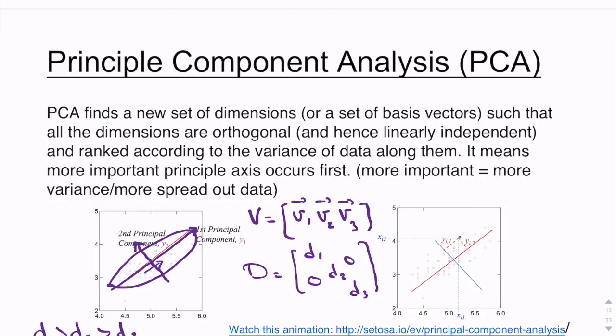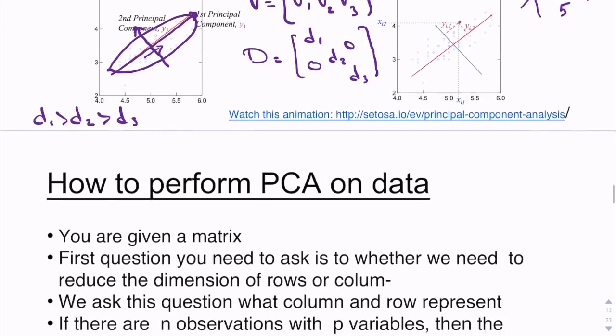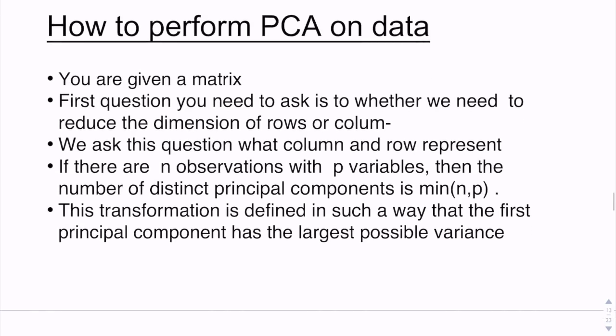So now we show how to perform principal component analysis in order to reduce the dimension. Let's assume we are given a matrix X, where we have n samples and p attributes.